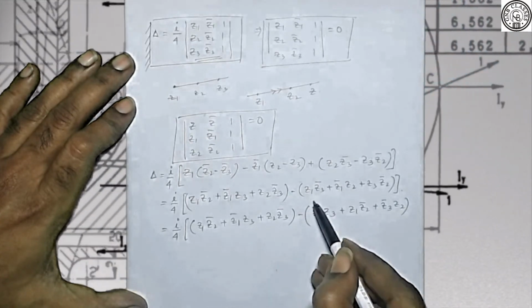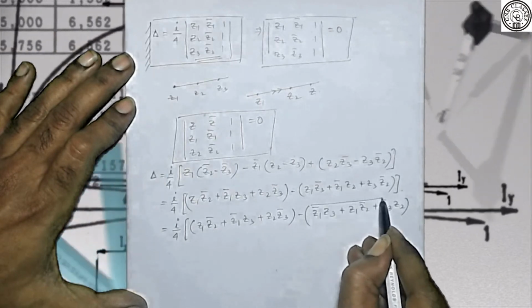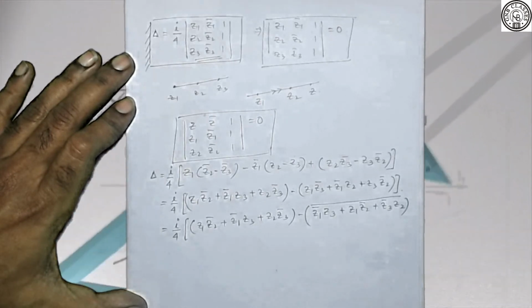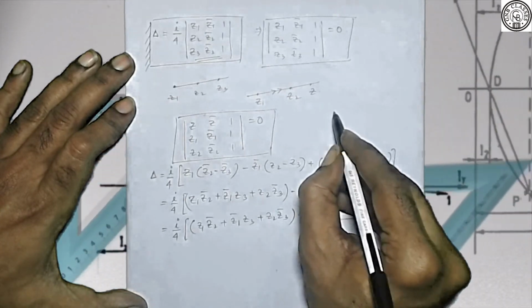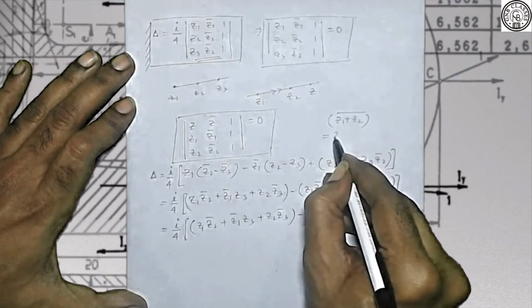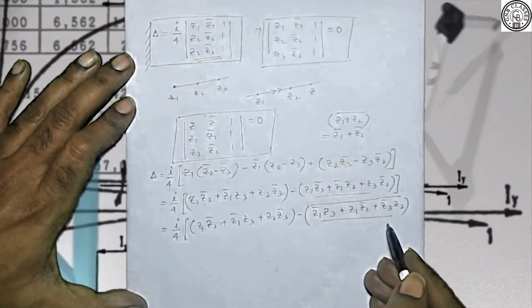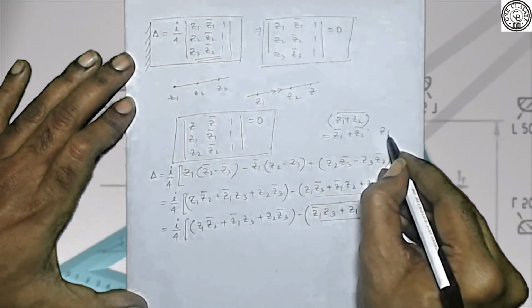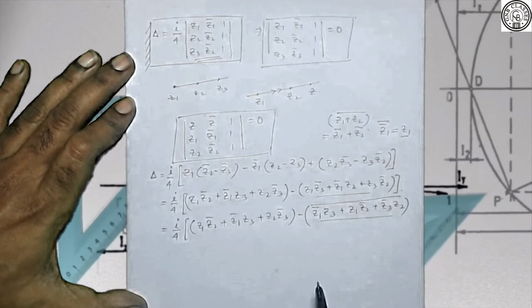Are you surprised why I have written it in this way? No, don't get surprised. Simply a bar is there. So this means this. We can easily understand that because Z1 plus Z2 whole bar is the same as Z1 bar plus Z2 bar. That's exactly the same concept I've used here. Moreover, Z1 bar, then again bar will give you Z1, right?